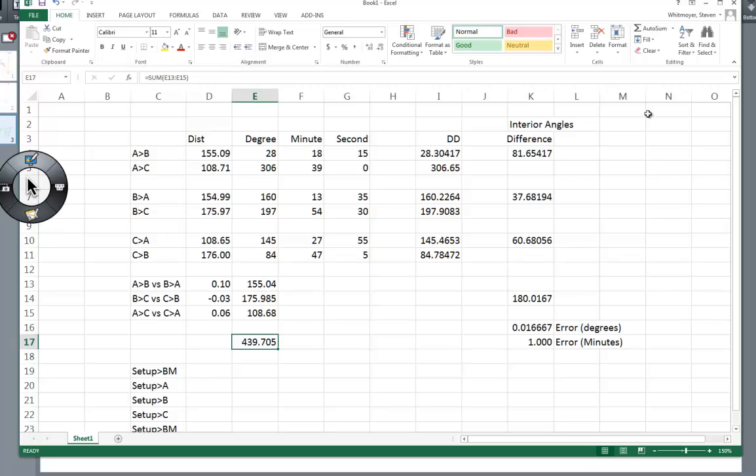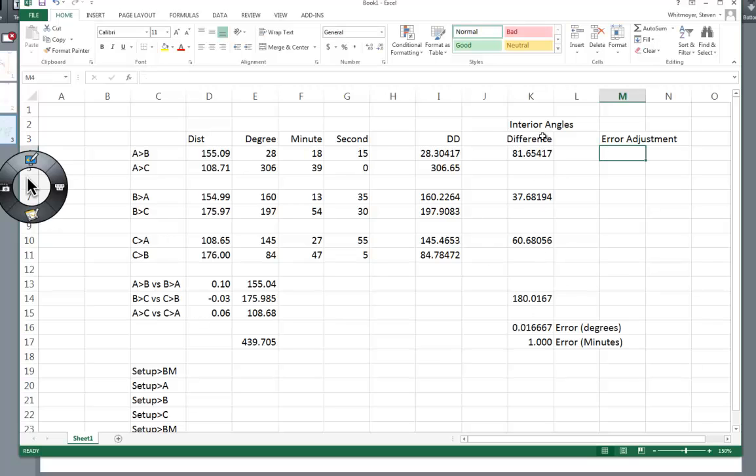So the amount we're going to propagate right here, our error adjustment, is going to be equal to my total error times the length for A, divided by my total.